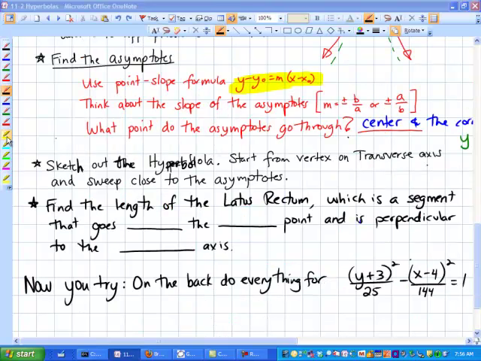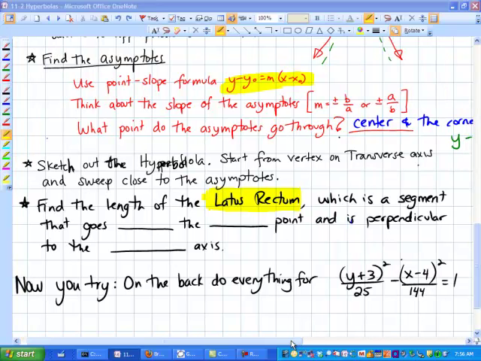Okay, so now we're going to introduce a new term, which is right here. Yes, it's the latus rectum. He said rectum. Yeah, I don't know. It's Latin for something, okay? But the important part is that it is a segment that goes through the focus point and is perpendicular to the, I'm going to actually put two things in here.